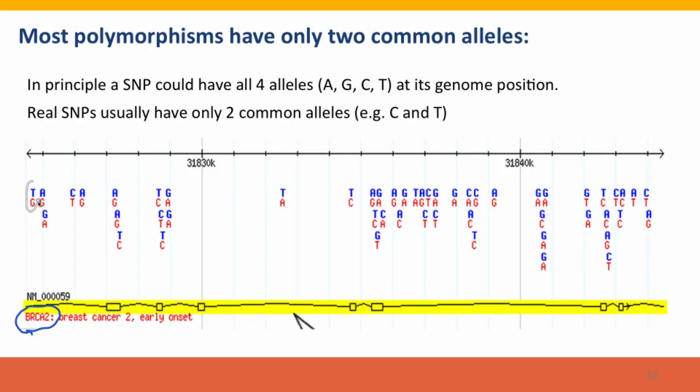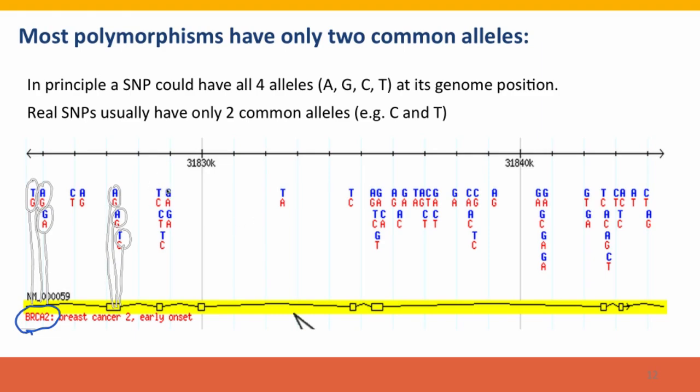Each vertical pair describes a SNP at that particular position. So here there are 3 different SNPs present at this position in the intron. Here are 3 SNPs in this small exon.